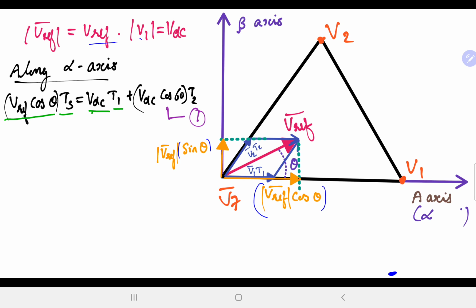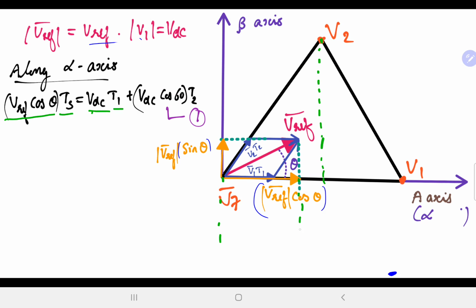Okay, so t2, this component is also in the picture for us. This is the component multiplied by t2 should give me one component in this direction.